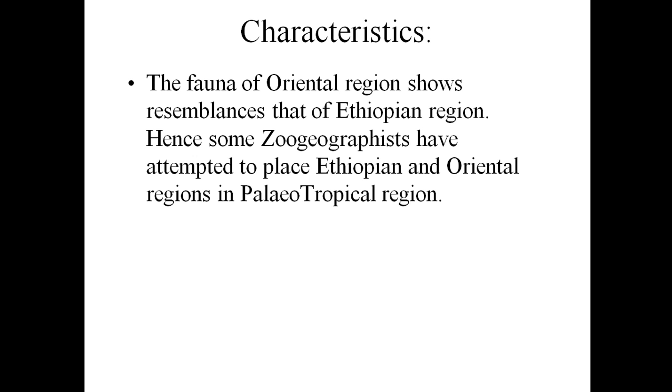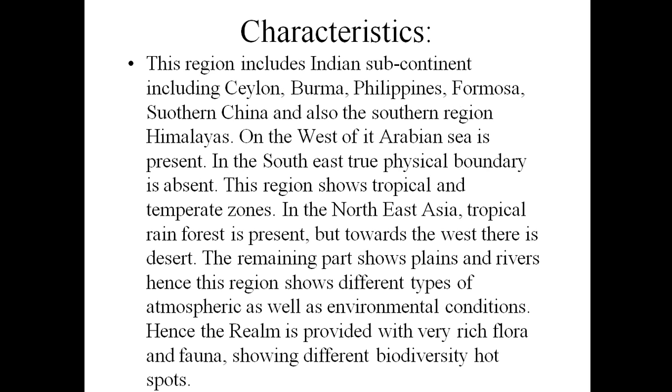Because of this, many zoogeographers have made an attempt to club the Oriental region and the African or Ethiopian region and call it the Paleotropical region. However, here we are following Sclater's classification.